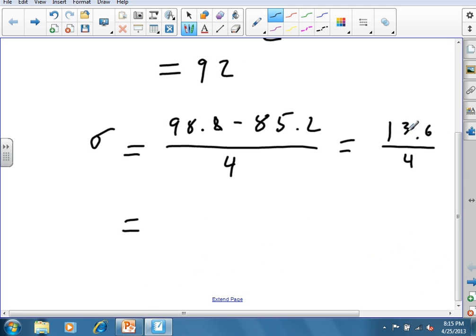That's 3.4, right? So my standard deviation is going to be 3.4.